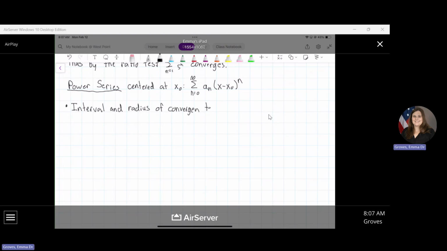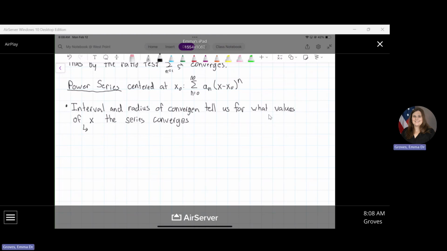These tell us for what values of x the series converges. So it's almost telling us a domain we can define this power series on.